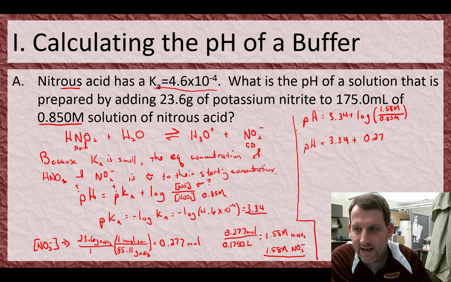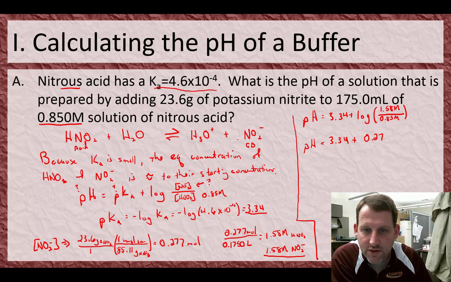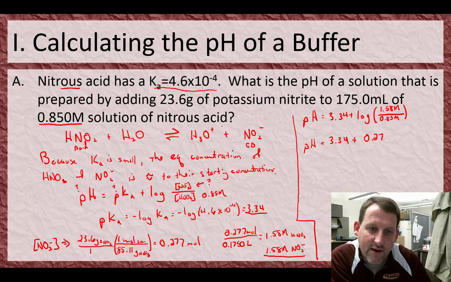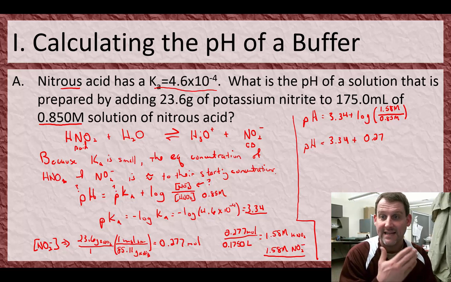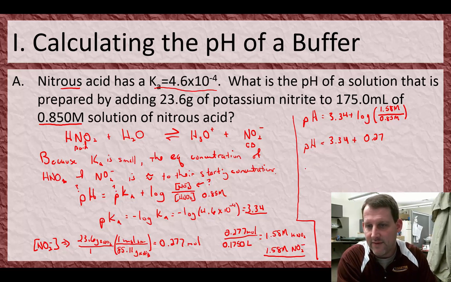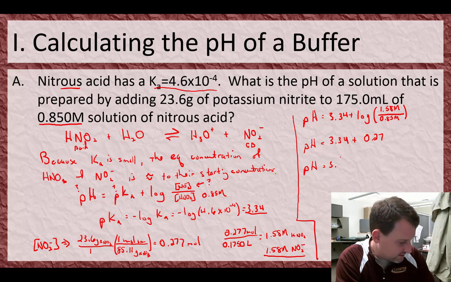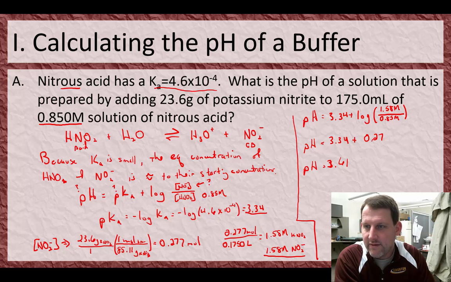So if we add in extra concentration of conjugate base, it's going to tend to drive the reaction this way, reducing the H plus concentration, the H3O concentration, and making it less acidic. And sure enough, when we add this together, we get a pH of 3.61, which is less acidic than if it would have been a perfect balance.